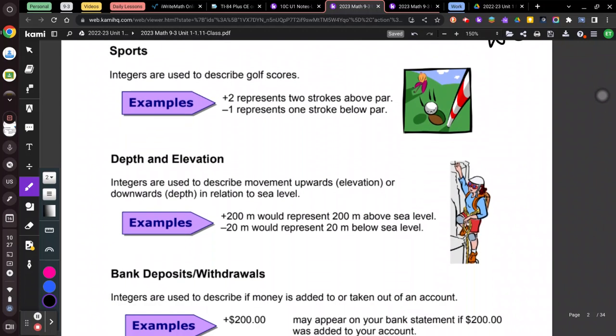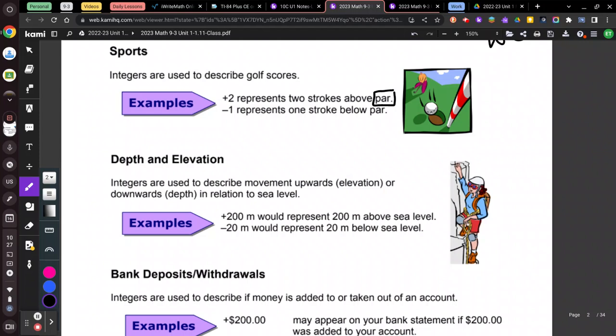Now, when do we also use them in sports? One example is golf. If we have a +2, we're talking about how many strokes above par you are. They can consider par 0. Par would be considered if it takes 70 strokes to finish a course.